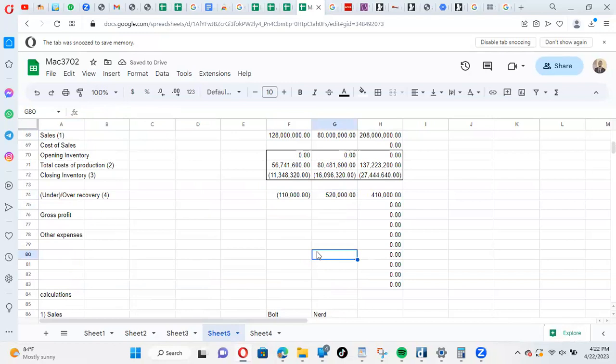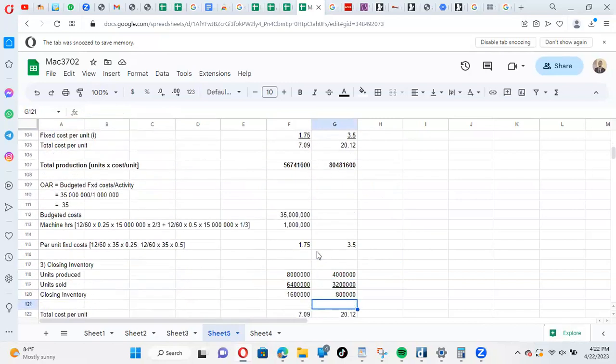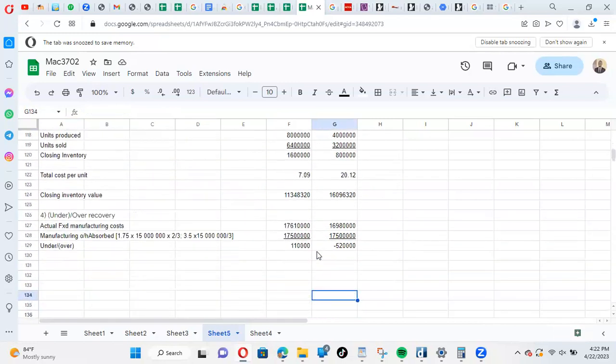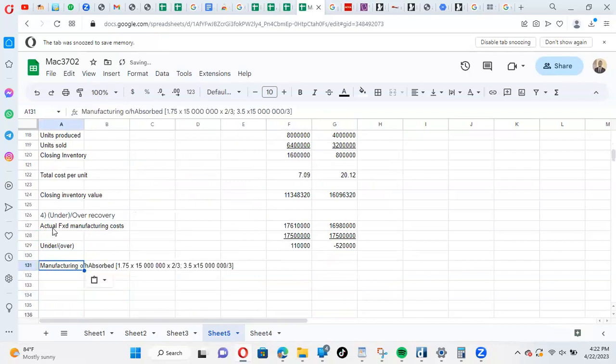Okay, I think the problem is my working. Let me fix my working there. Let's have the budgeted on top and then the actual on top. Just switch the lines. I think it would make more sense like that.